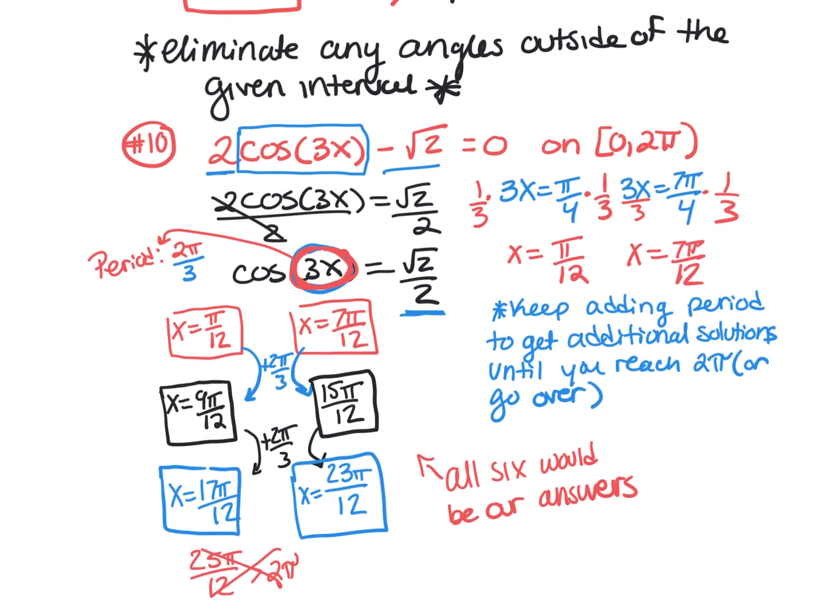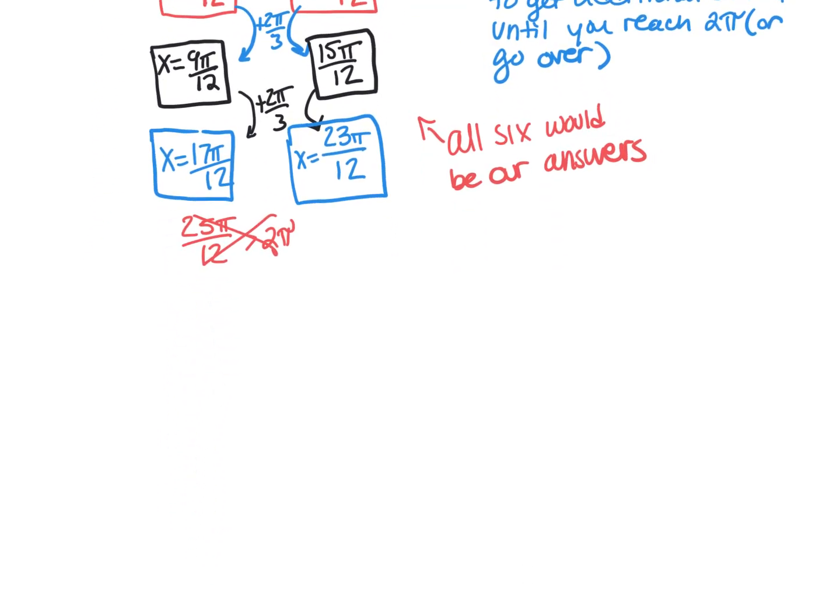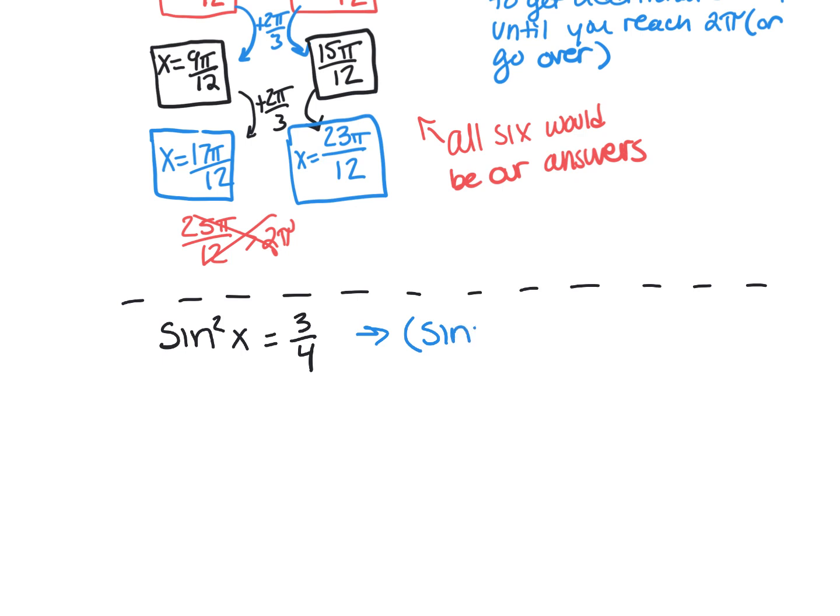Just some other things that I noticed as I was grading, some algebra things. Just a reminder, when we have a trig function squared, so let's say we had sine squared of x equals 3 over 4. Remember, this is the same as having the whole trig function squared, so sine of x squared. And this is the main thing.